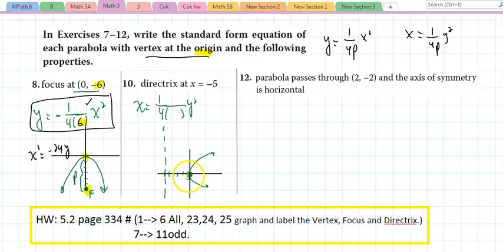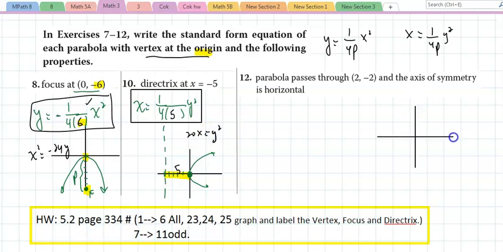Well, what's p? Isn't p the distance from the vertex to the actual directrix? Isn't that 5 units? Or x equal 1 over 20 y squared. The back of the book will have y squared equal 20x. So it doesn't matter.